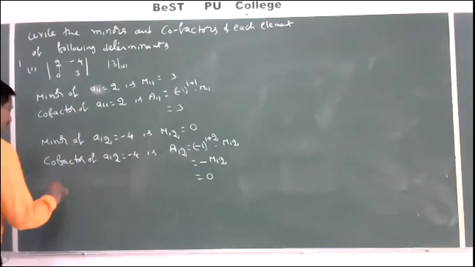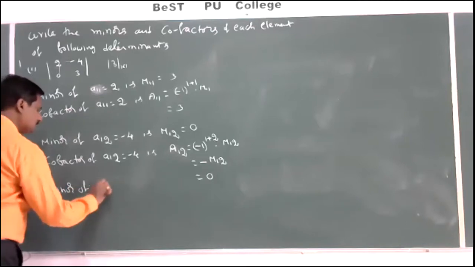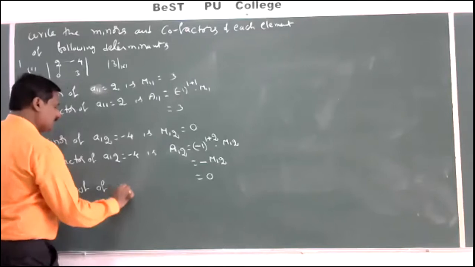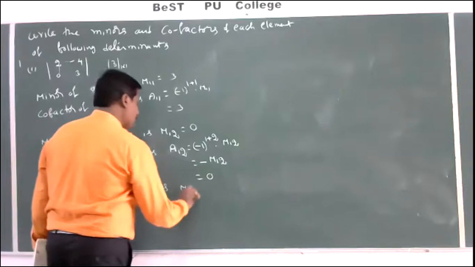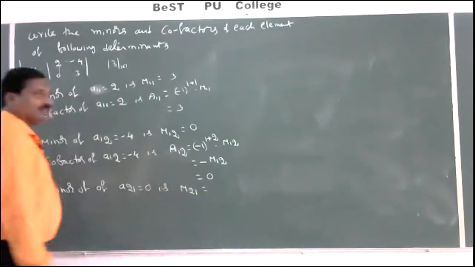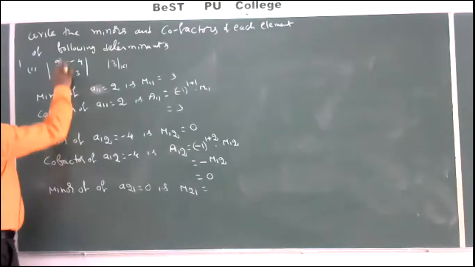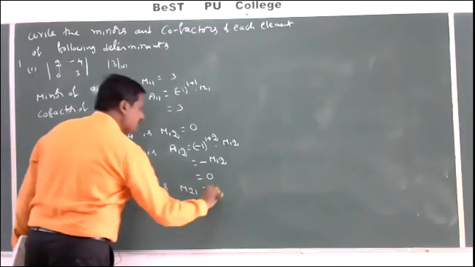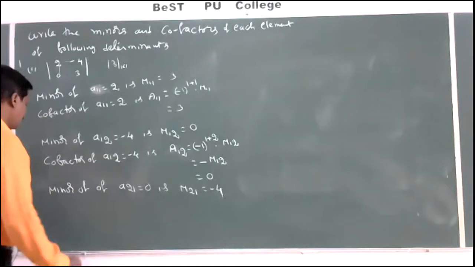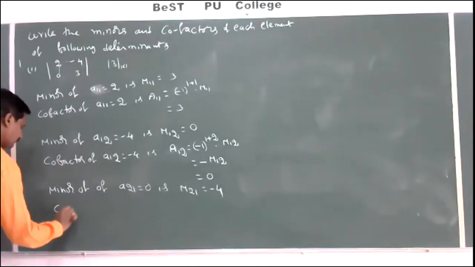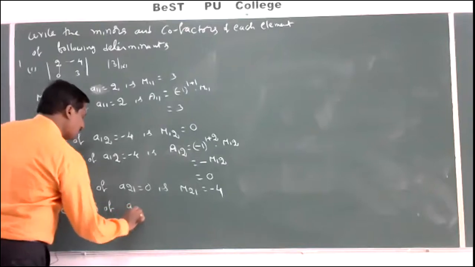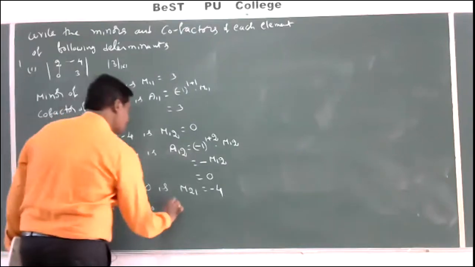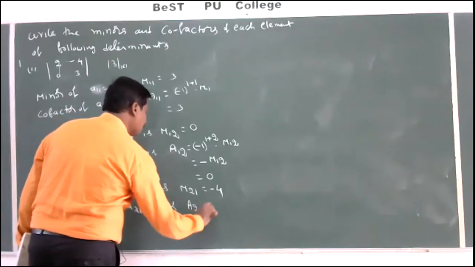Next, the minor of the element A21 that is equal to 0 is M21. Minor of A21: leave this row and column, the element is minus 4. Next, the cofactor of A21 that is equal to 0 is capital A21.